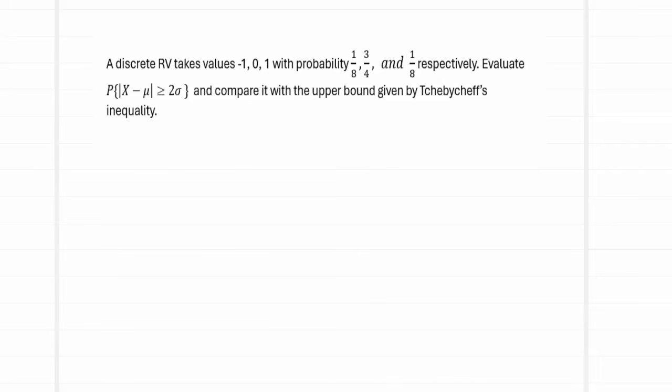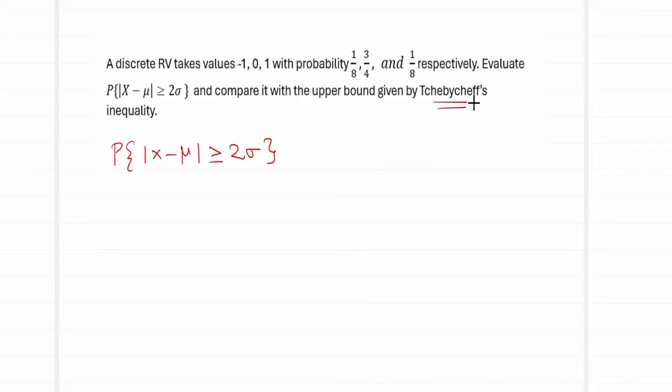Now coming to the question: find the probability of modulus of x minus mu greater than or equal to 2 times sigma. First, we will find the answer by Chebyshev's inequality, and then we will move on to the actuals.